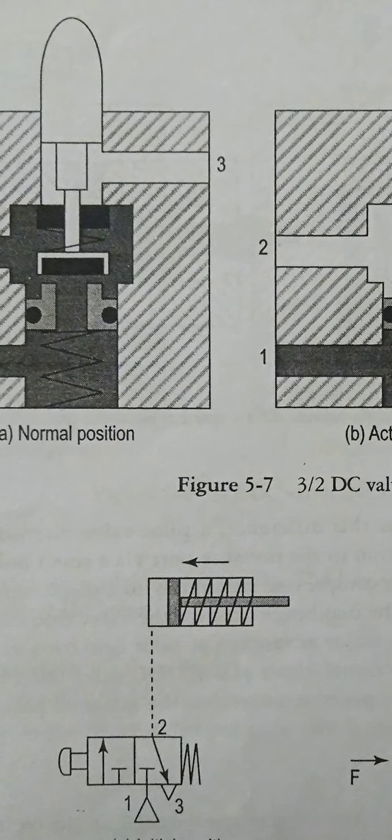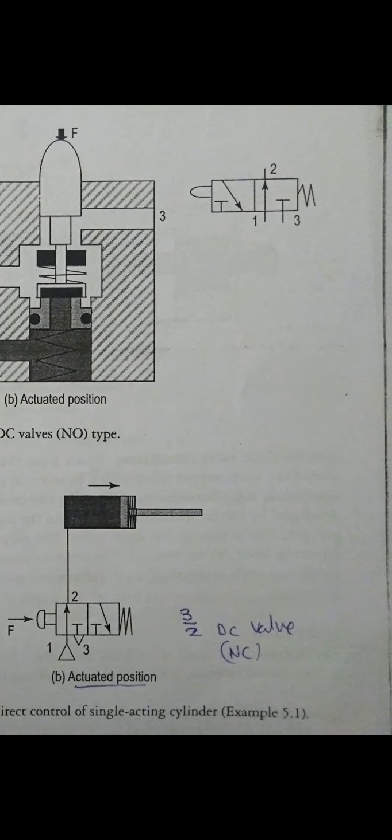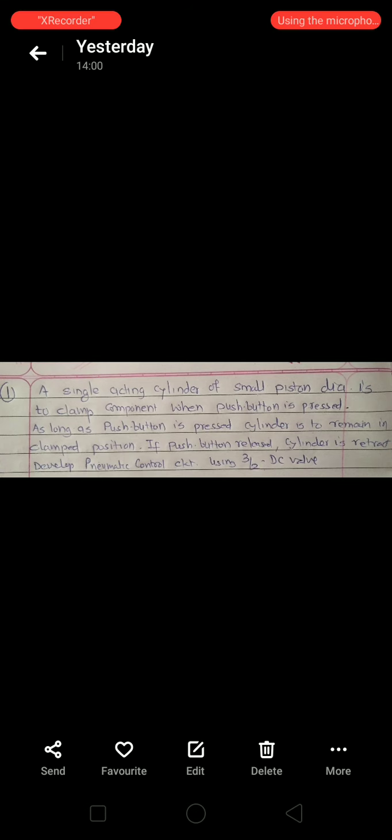The above figure shows a 3 by 2 DC valve, which is a normally open type of valve. In normal condition 1 is connected to 2, as you can see. So this is how you can develop a circuit for this question, which belongs to direct control of a single acting cylinder.